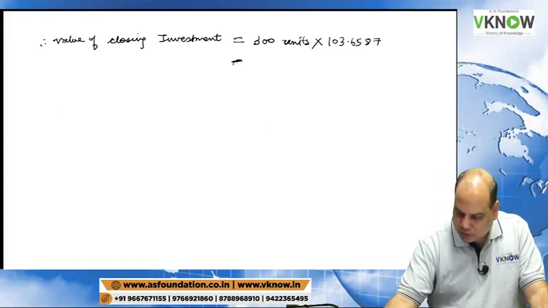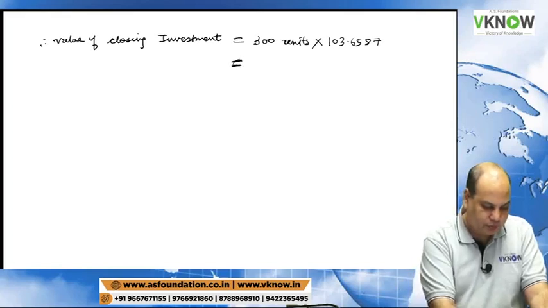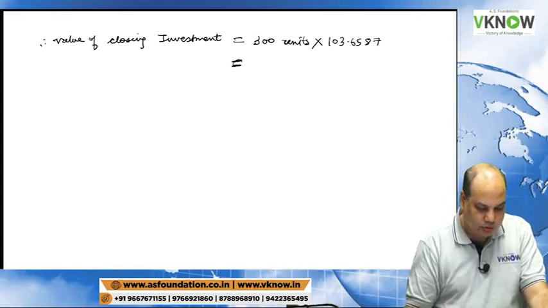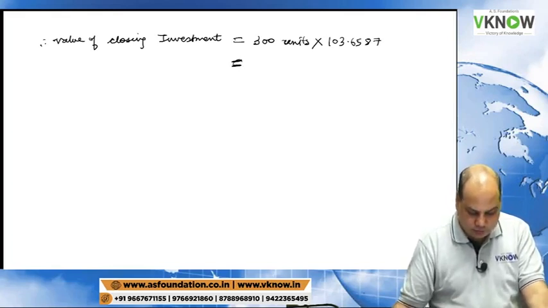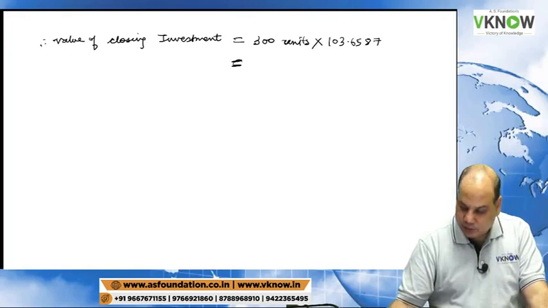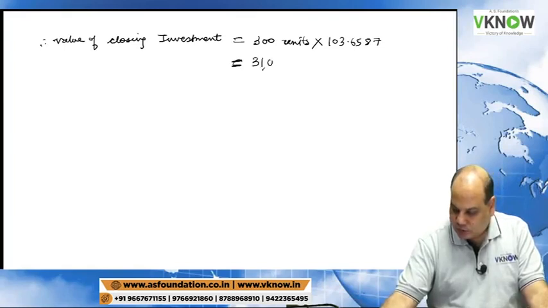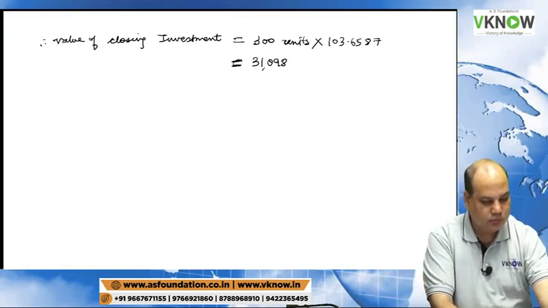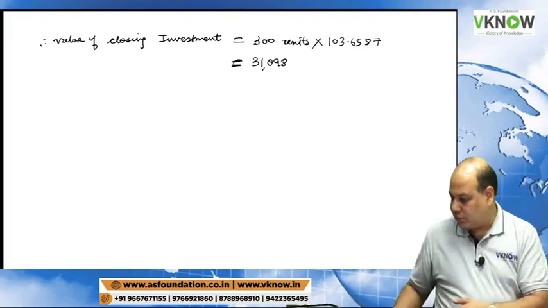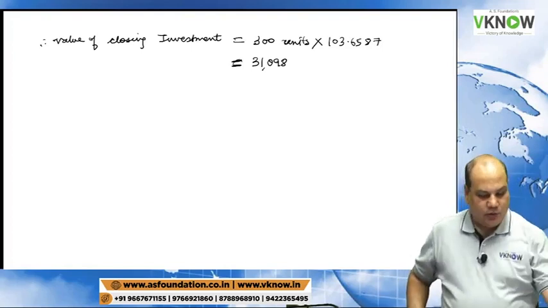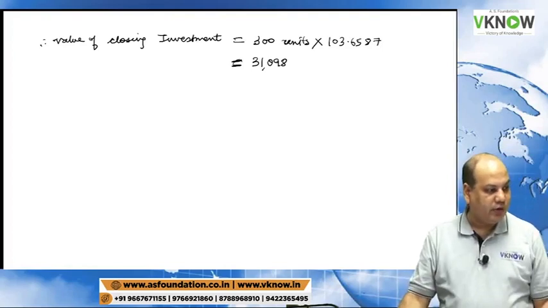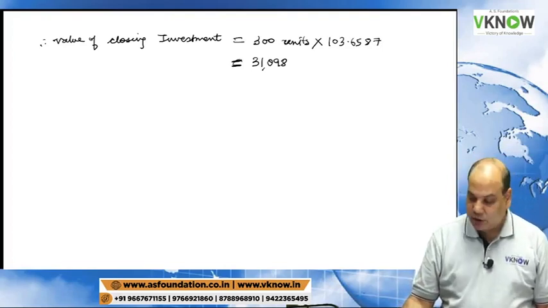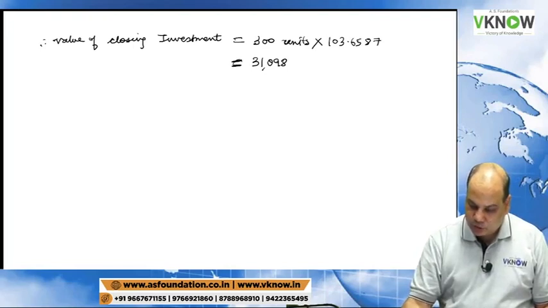So multiply and give me the answer. This is your 31,098. That was your closing investment value. This is called weighted average rate. Working note number 4 now.